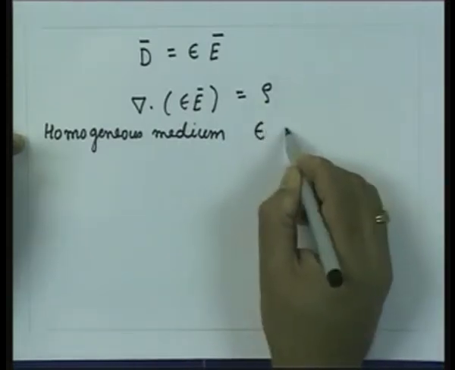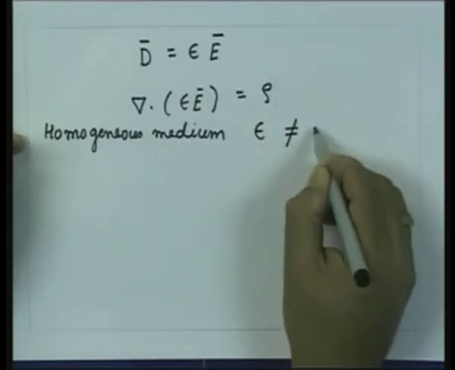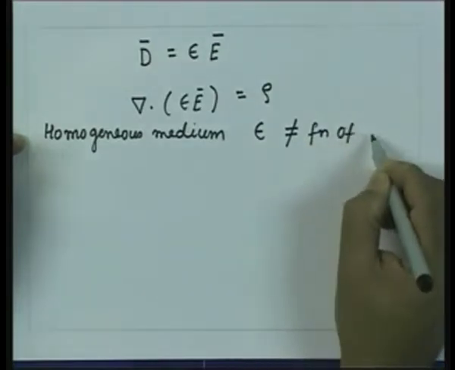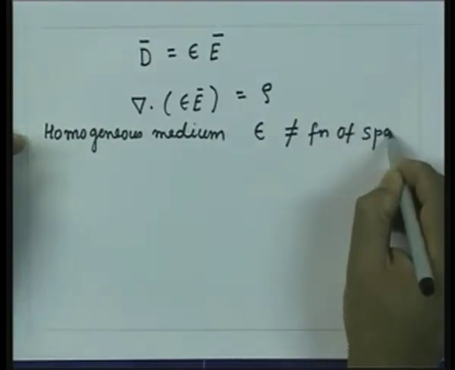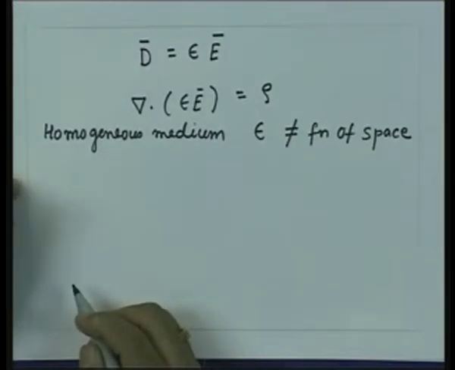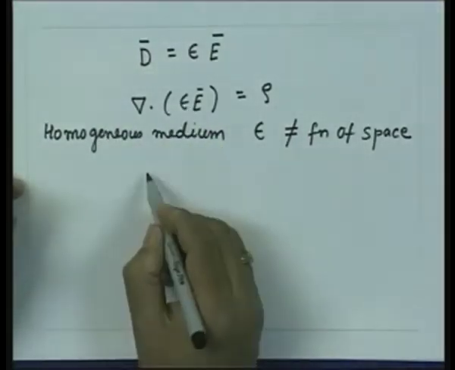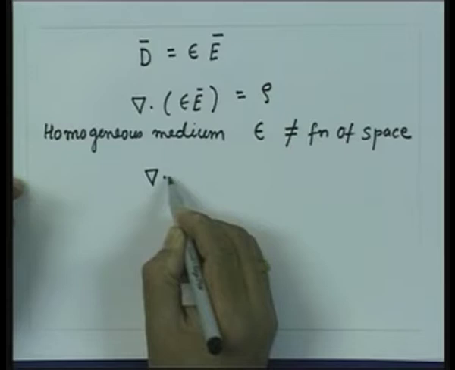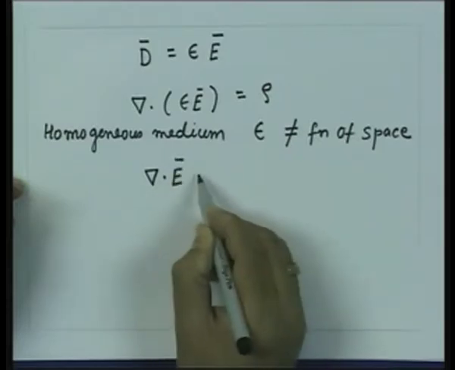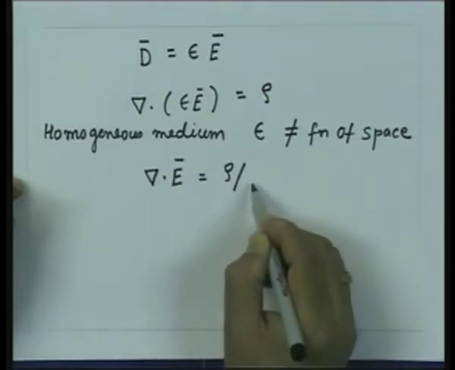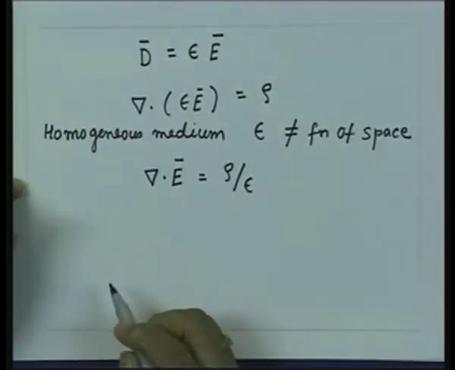Epsilon is not a function of space, so epsilon can be taken out. So, I get del dot E is equal to rho upon epsilon.